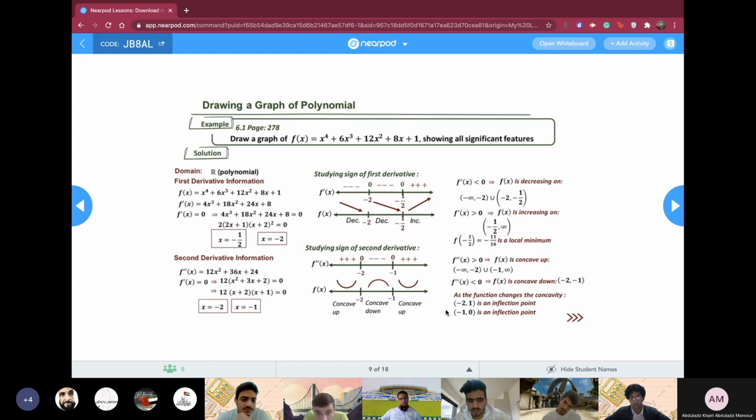It's from negative infinity to -2, union from -2 to -1/2. Very good, that's right. Mohamad Wasim, can you give me the interval of increasing? From -1/2 to infinity. Very good. Then who can help me find the point that has a local minimum from the number line?